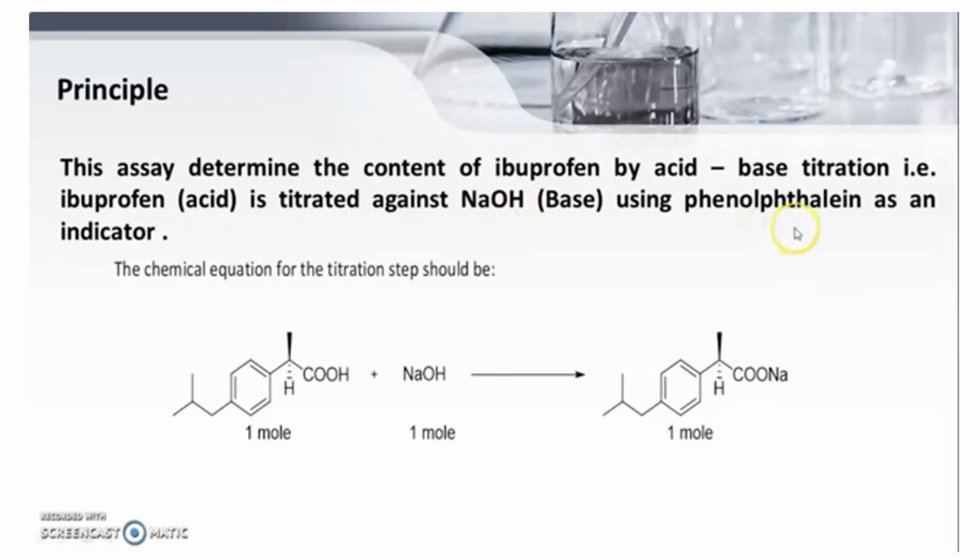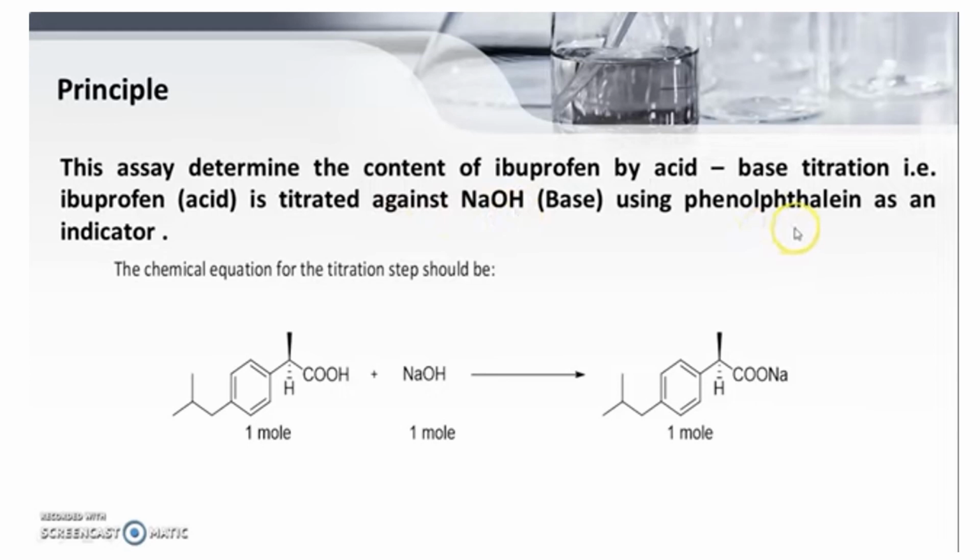The basic principle is that this assay determines the content of ibuprofen by acid-base titration. Ibuprofen, an acidic drug, is titrated against sodium hydroxide using phenolphthalein as an indicator. Once you dissolve the ibuprofen tablet in ethanol and add phenolphthalein, there is no color change, because phenolphthalein in acidic media is colorless.